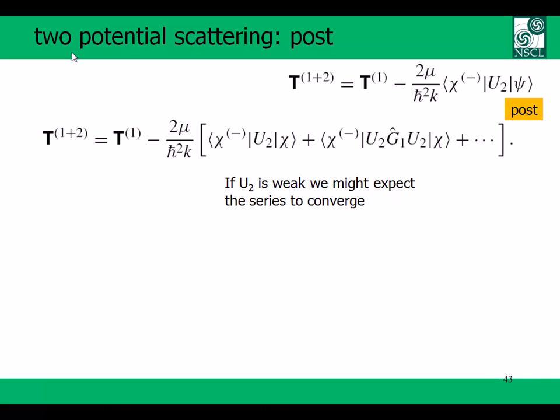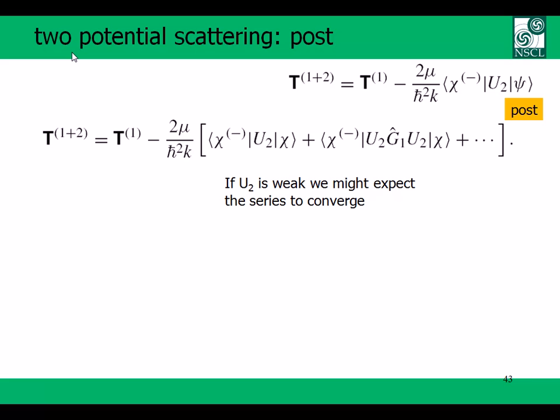I can iterate on psi and construct again a series, which now is a series that has the distortion in it. The first term of that series involves U2 as the interaction and the distorted wave chi.